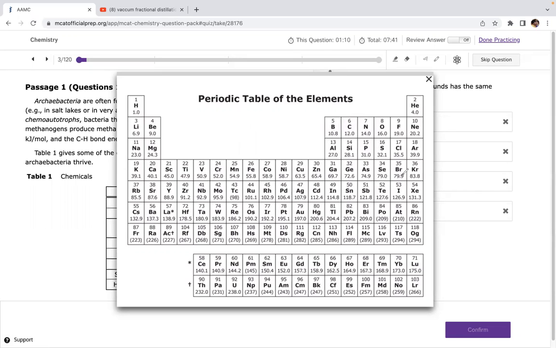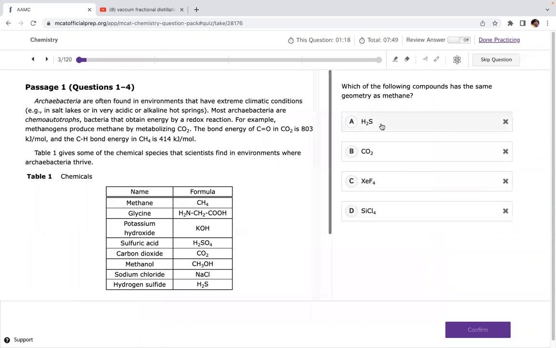Now you can see, look at the elements. Here sulfur you have, here carbon you have, here CF4, here SiCl4. So look at the methane. Methane has CH4, 4 hydrogens, means 4 surrounding atoms. And look at silicon. Xenon is not right.